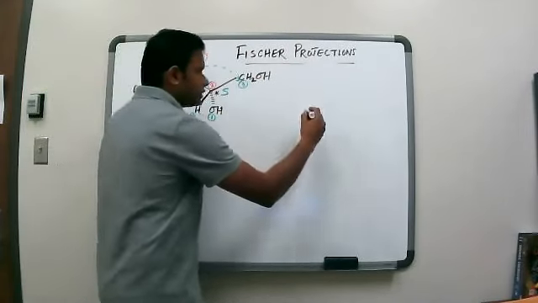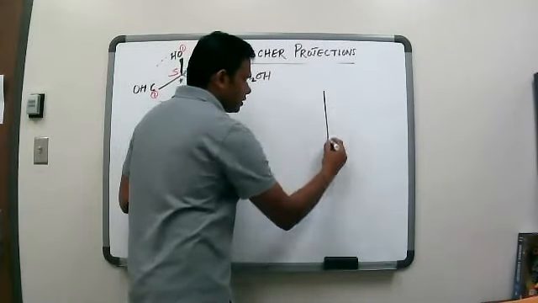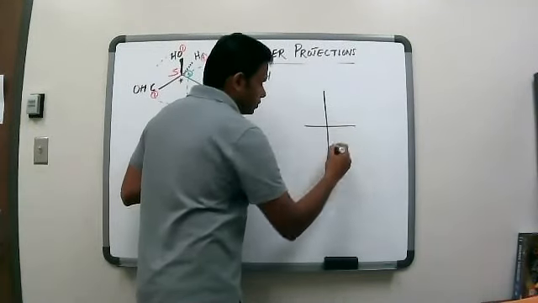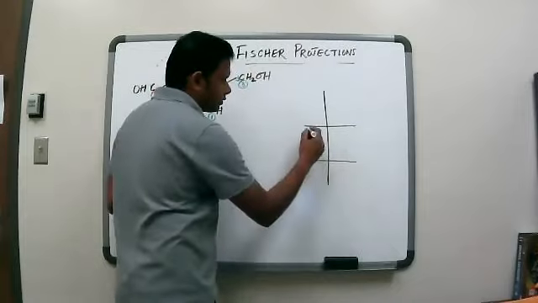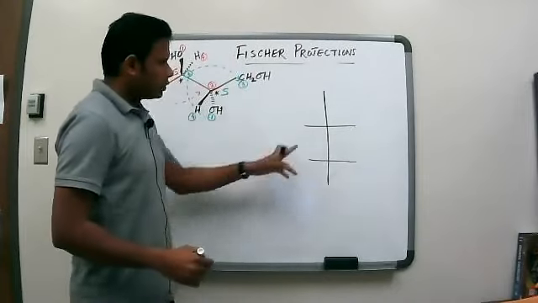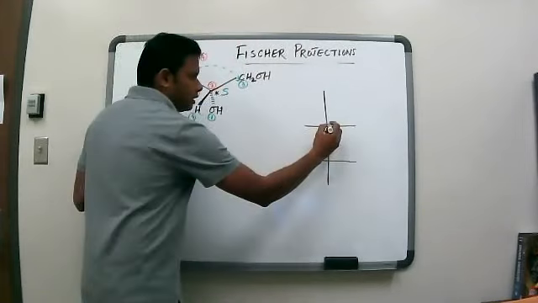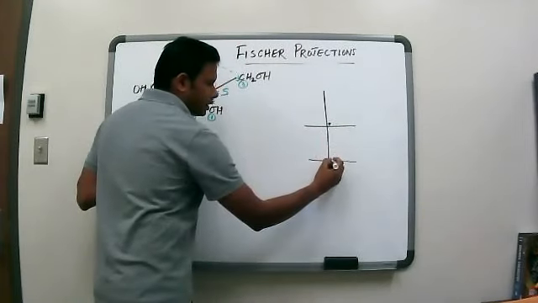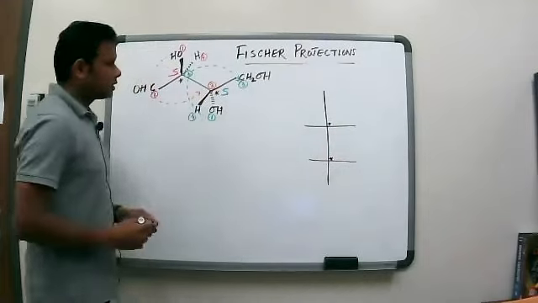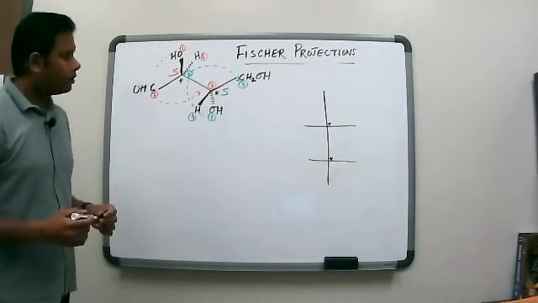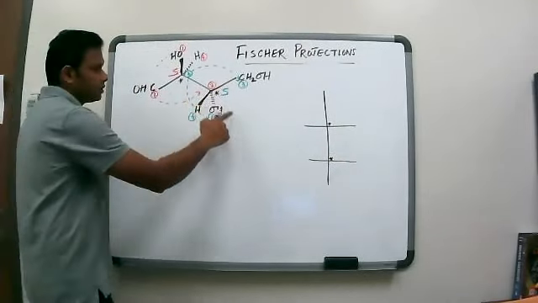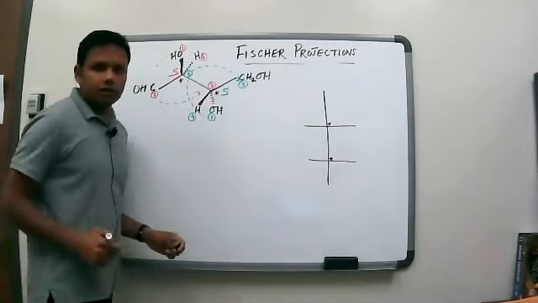That means my Fischer projection should have 2 kind of crosses to it. Okay, there should be 1 vertical line, 2 horizontal lines, because each of these intersections is basically a chiral center. We have 2 chiral centers here and 2 chiral centers there.